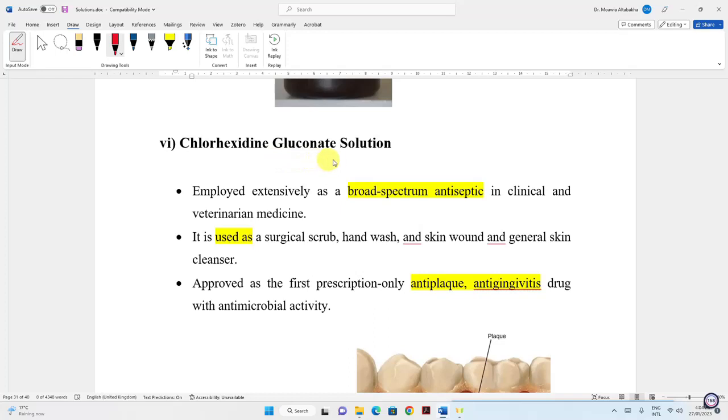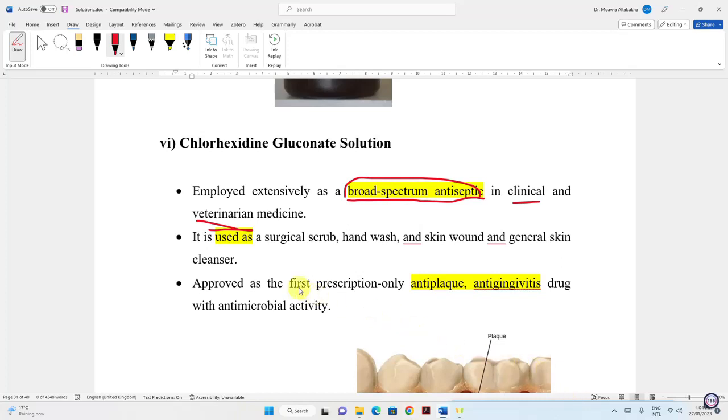Another solution is referred to as chlorhexidine gluconate solution. This one is a broad spectrum antiseptic, meaning it kills a variety of microorganisms. It's used in human and also in veterinary medicine, meaning in animals. It's used as a surgical scrub, for cleaning things related to surgery, like hands and skin where the incision will happen.